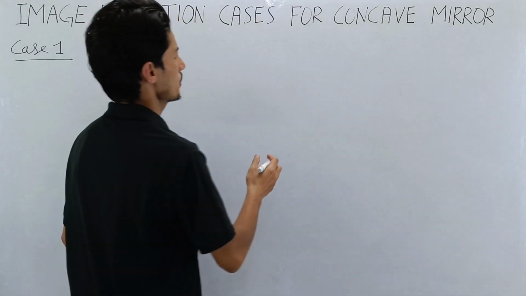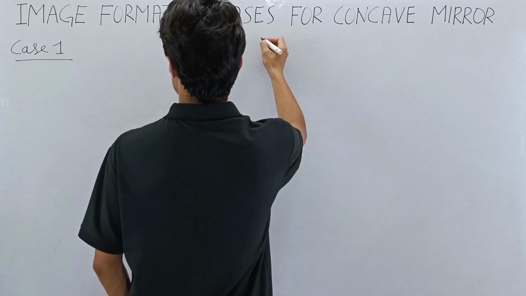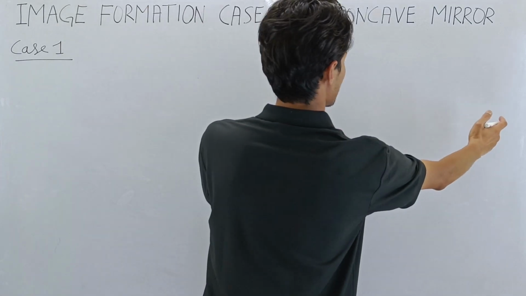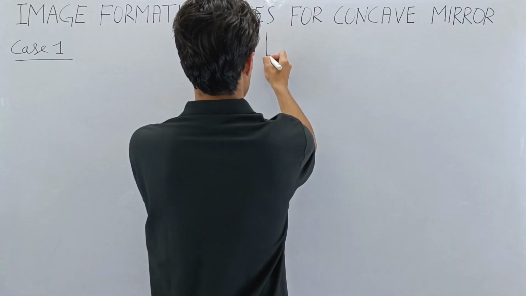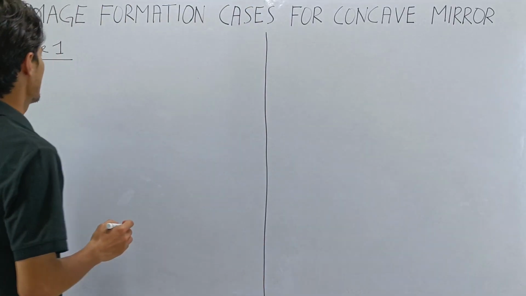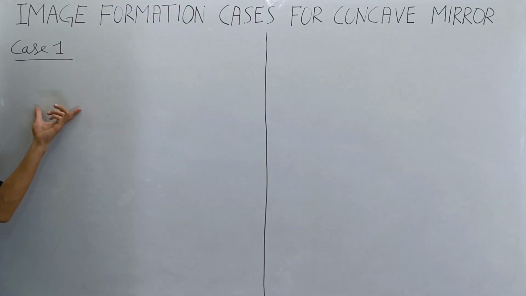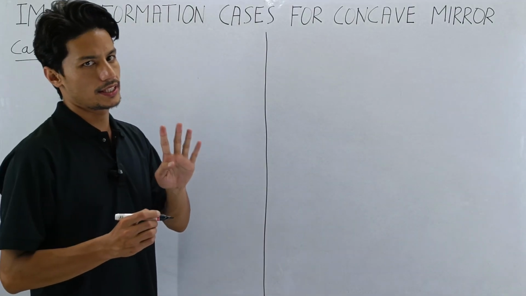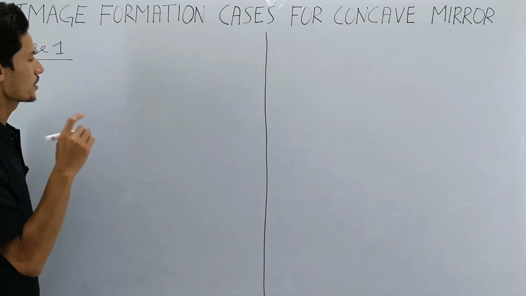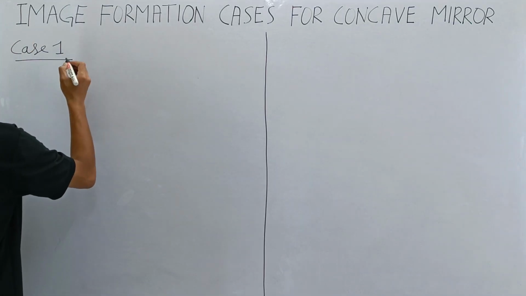Let me divide this space for writing into 2 parts. Let me just break it from here. Now let us start with case 1. The 4 things we'll be writing are object position, image position, size and nature. So let's start with object position.